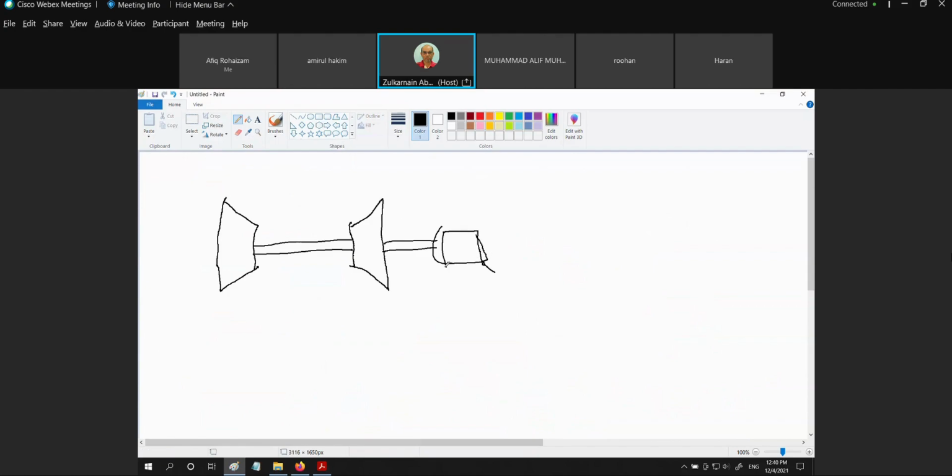This is our electrical generator. And as we know that we have a maximum temperature, so this is our combustion chamber. To complete, we put on the flow line.